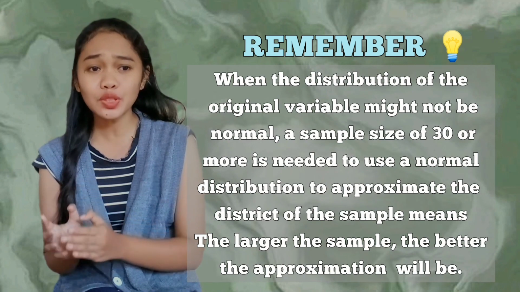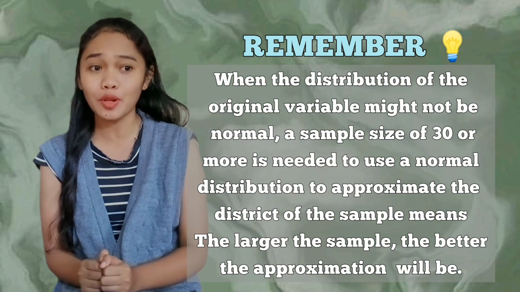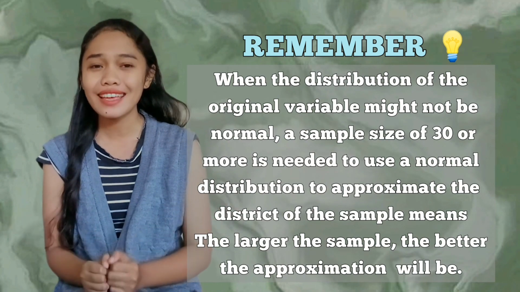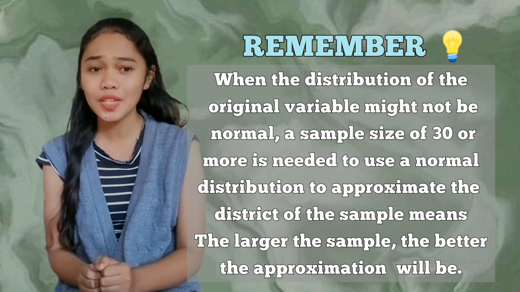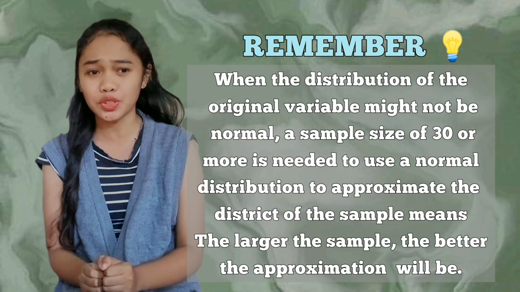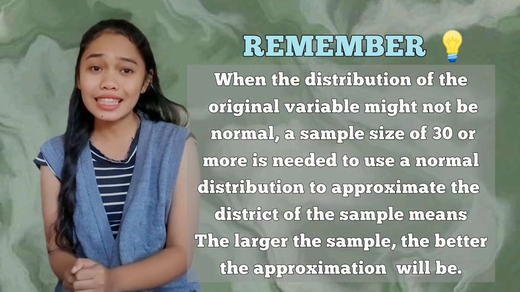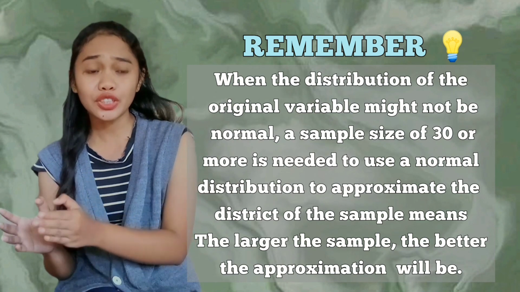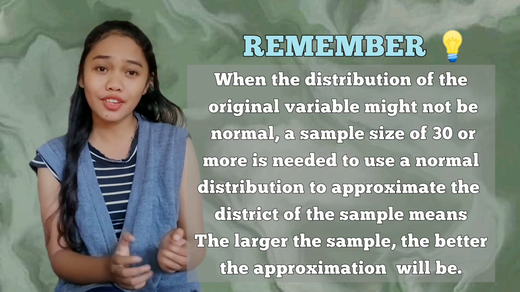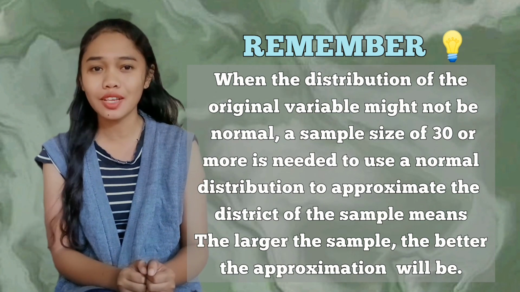When the distribution of the original variable might not be normal, a sample size of 30 or more is needed to use a normal distribution to approximate the distribution of the sample means. The larger the sample, the better the approximation will be.